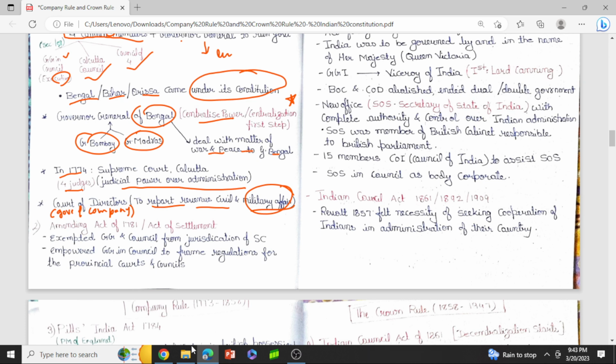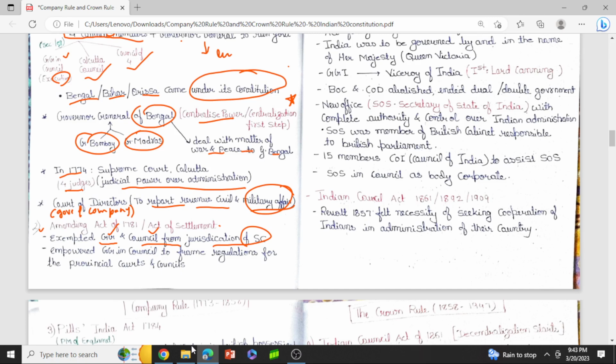So this is the Regulating Act of 1773, which was introduced to bring centralization. Then the Amending Act of 1781, which is also called the Act of Settlement. This amendment was brought in order to remove the defects in the earlier act. It exempted the Governor General and Council from the jurisdiction of the Supreme Court if they were functioning in their official capacity.